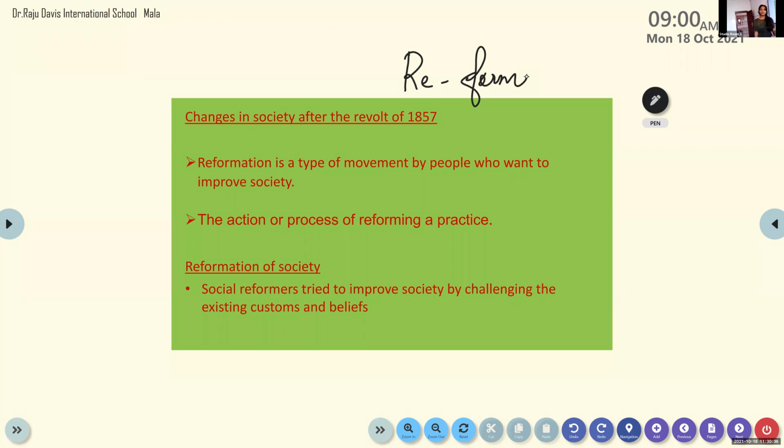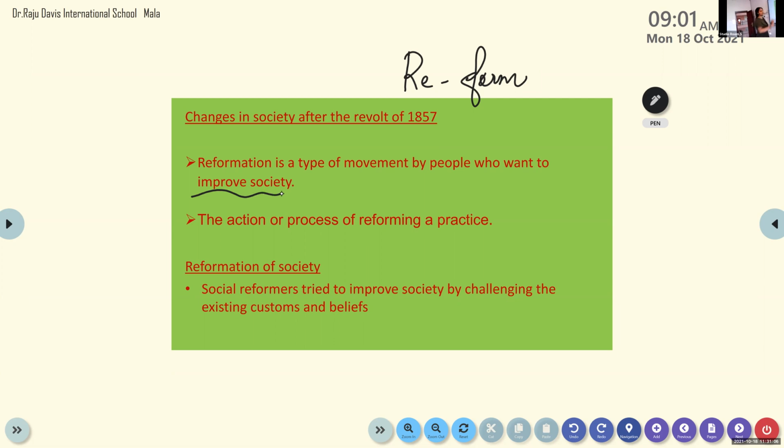The woman's condition was very poor. They were not allowed to attend school, or even to learn to read and write. Sati also existed, and there were many problems. So many leaders wanted to reform Indian society. What does reformation mean?